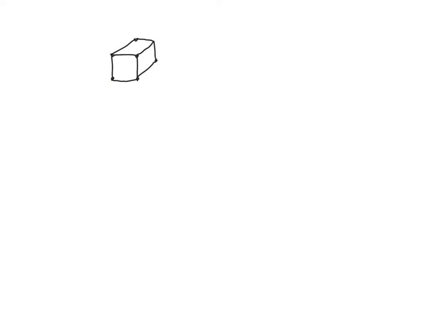So for instance, consider a cube and its symmetries. We're going to let SC be the symmetry group of the cube. They permute the vertices, the vertex set of the cube.